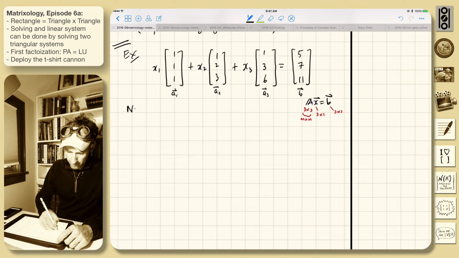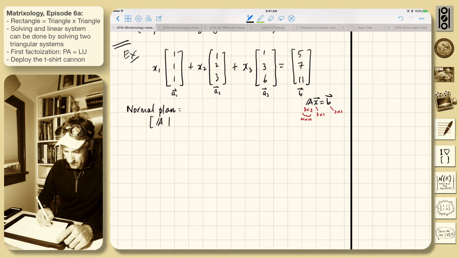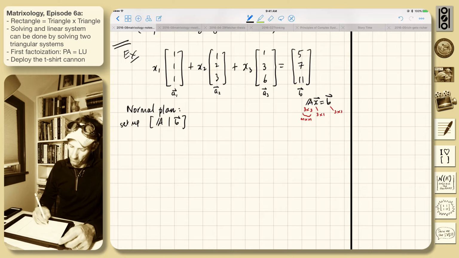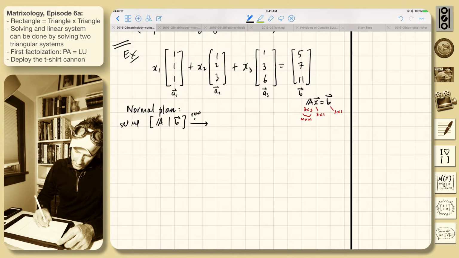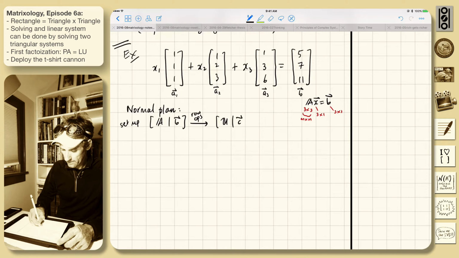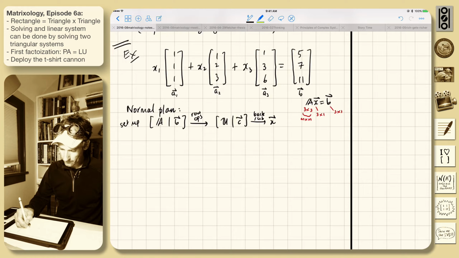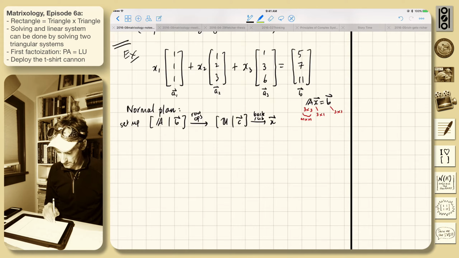The normal plan so far: set up A, b, the augmented matrix, row operations, much pain and suffering, and then we get to U, c, and then back substitution, and that would give us x. That would be our little flow, right? That's a nice thing to have.